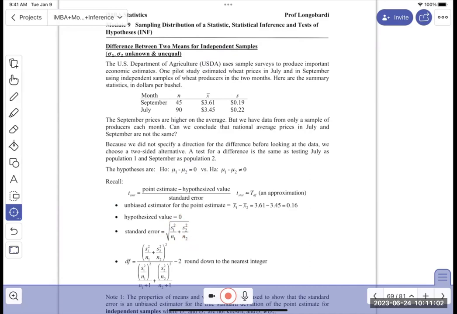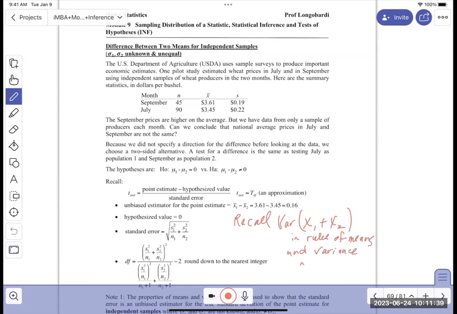If you remember back about the variance of a new random variable, x1 plus x2, if the variables are independent, then this is just going to be the sum of the variances.